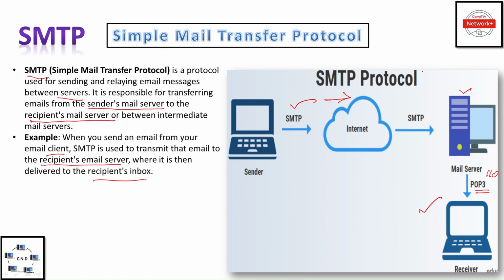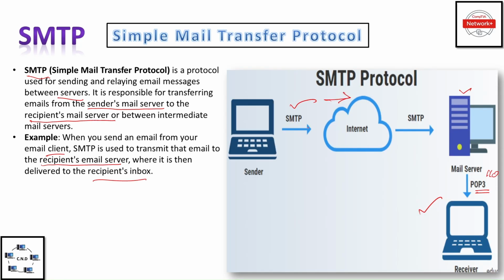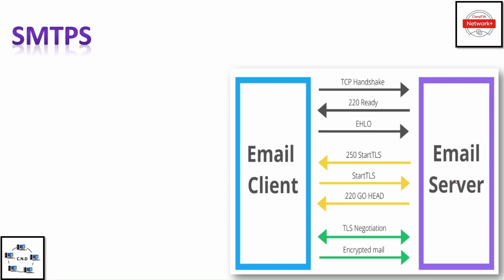So they both work hand in hand. And remember, the default port that is used by SMTP is 25, while the POP3 or post office protocol uses port number 110.